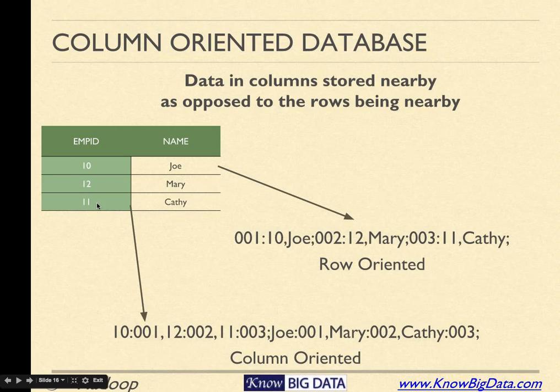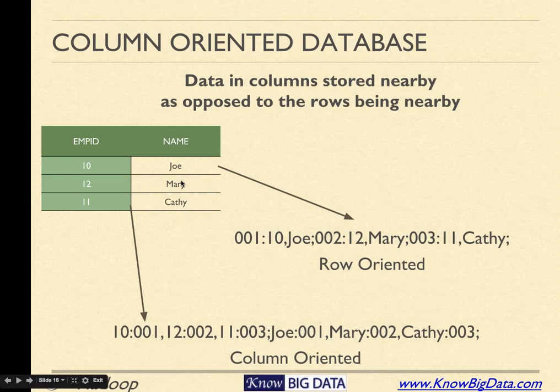You can see that the values of a row are together, while values of columns are spread across. Those are the kind of databases we call row oriented, where the data of a row stays together.